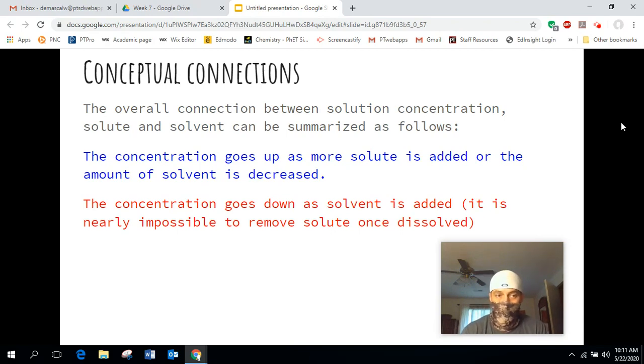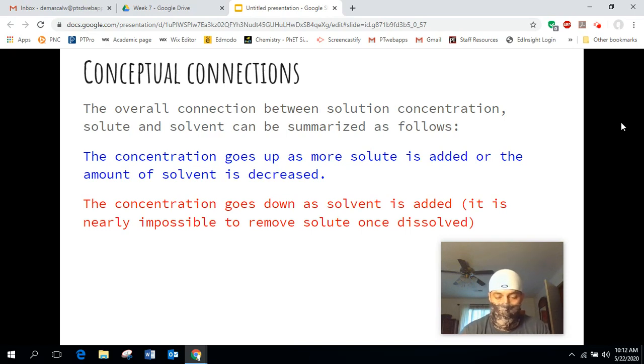So if you want your Kool-Aid to taste stronger, you just add more mix. If you add too much mix and it's too sweet or it's too sour, if it's lemonade or something like that, and you want to decrease the concentration, you want to make it weaker, which is the process called dilution, you would add more water.